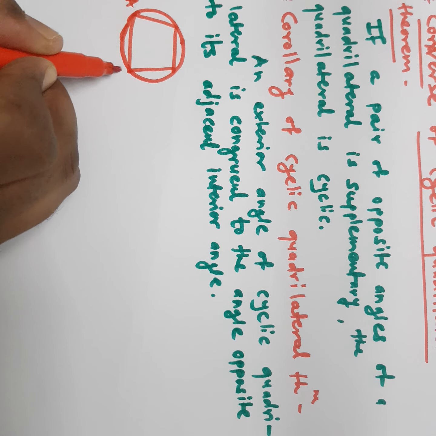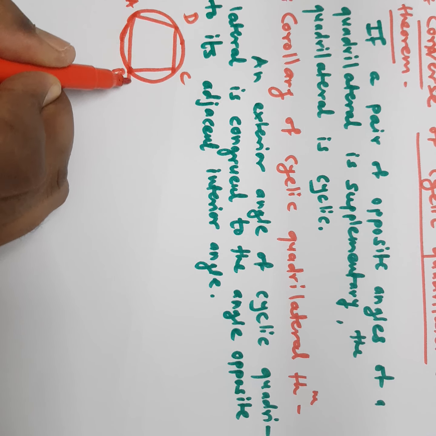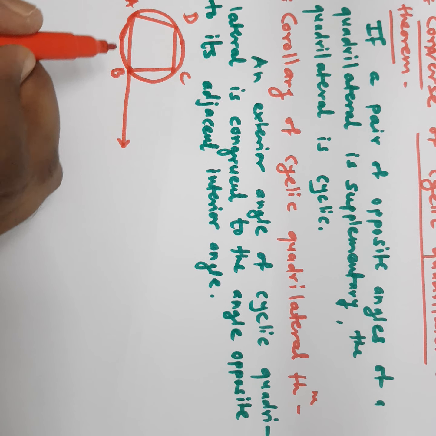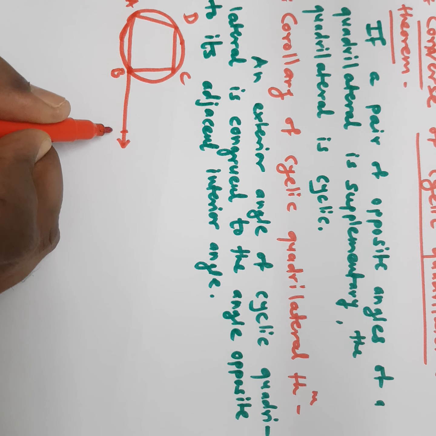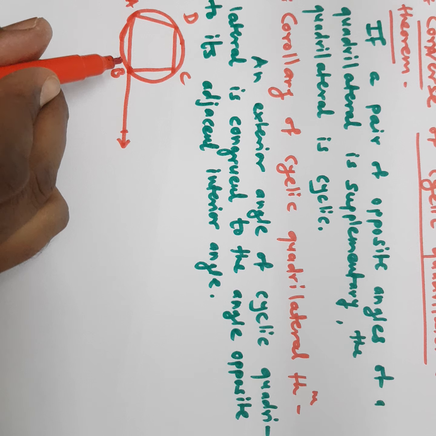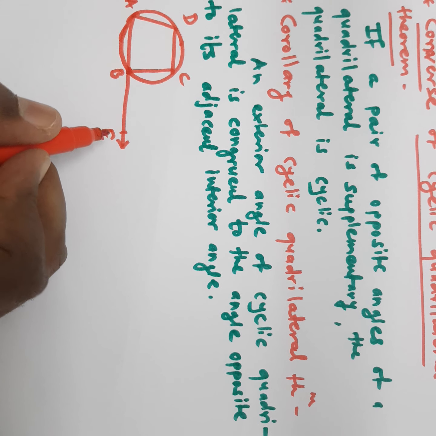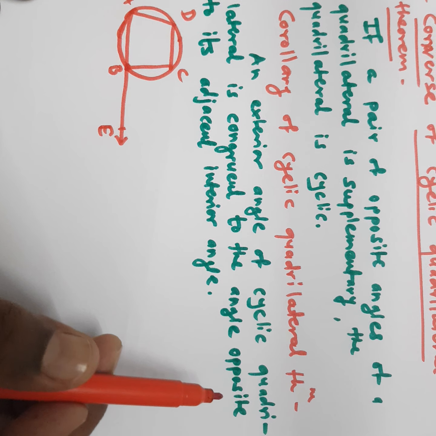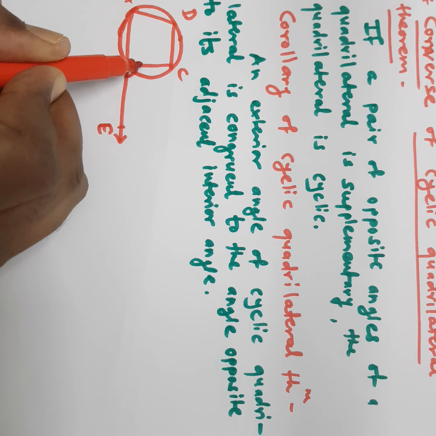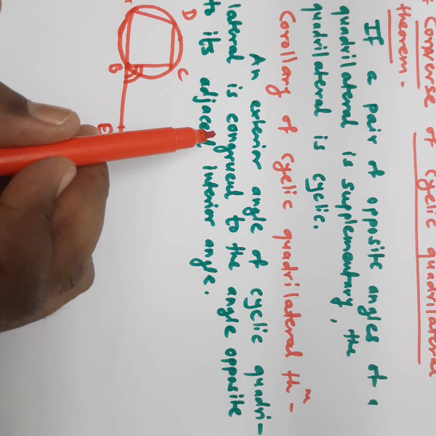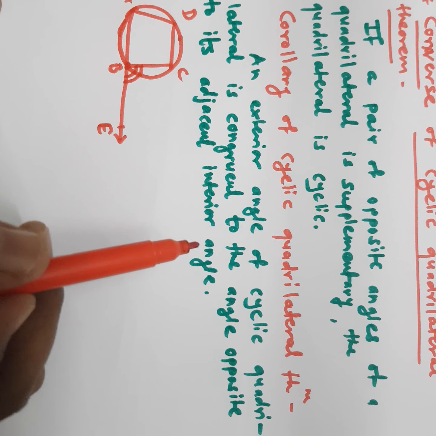If quadrilateral ABCD is cyclic, we can draw its exterior angle by extending any side in the next direction, that is, converting the segment into a ray. If here is point E, then angle BCE is the exterior angle of the cyclic quadrilateral, congruent to the angle opposite to its adjacent interior angle.